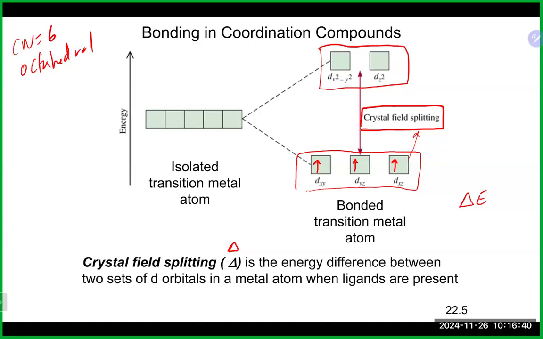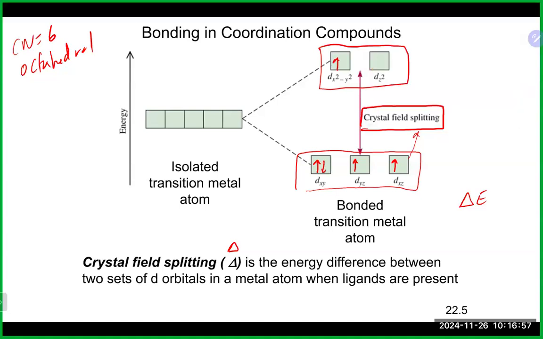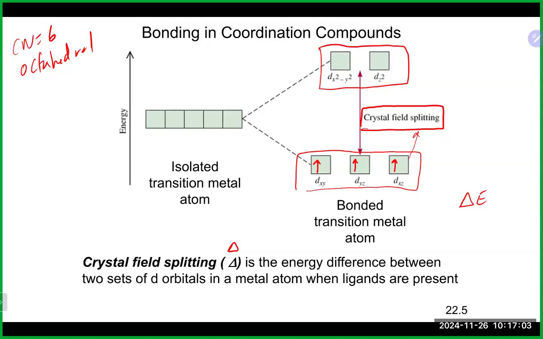If they decide, it's not that big of a difference between the high energy orbitals and the lower ones, they may continue to fill like normal. But in certain situations, they will look at that energy split and go, no thanks, that's way up there, I'm not going to go out that high.